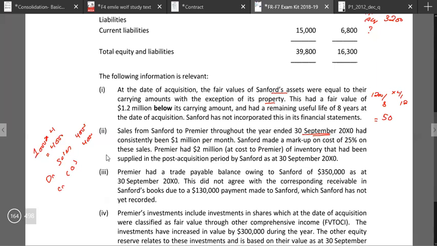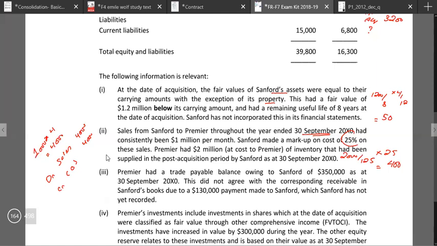So 2000 is actually the selling price, which represents 125%. And when we multiply it by 25%, this gives you the unrealized profit because the markup is 25%. So 2000 divide by 125 multiply by 25, it gives you 400. So 400 is the unrealized profit.